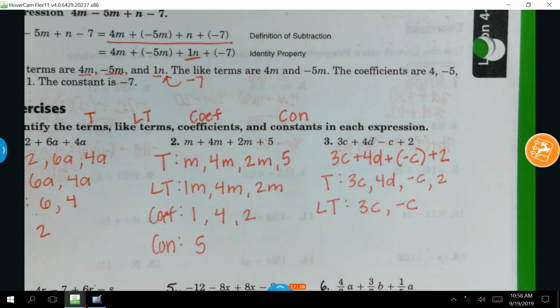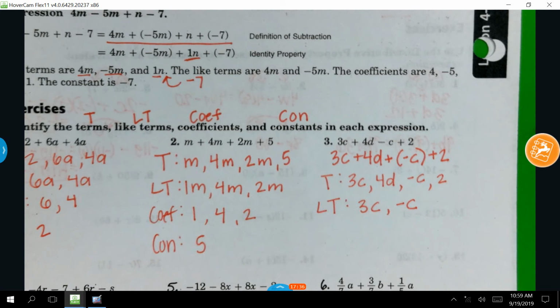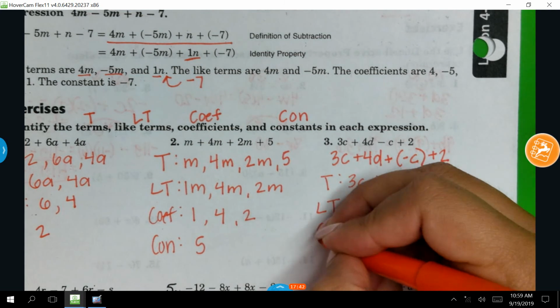3C and negative 1C. If I had another term in there that was 2D, does that mean I would have 2 different sets of like terms? Yeah, so you can have multiple like terms. Just whenever you're listing them, make sure that you put your like terms together. So 3C, 4C, 2D, 4D. So just put your C's together, your D's together. Okay. What about my coefficients?